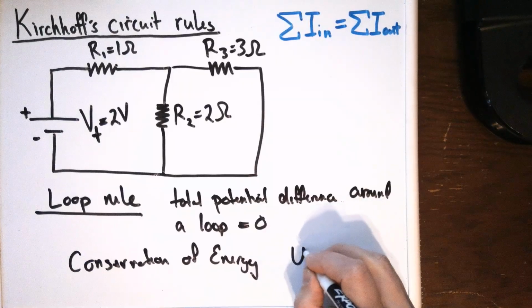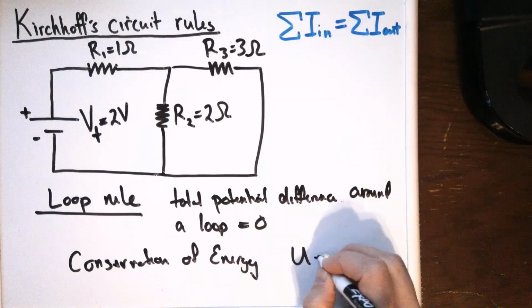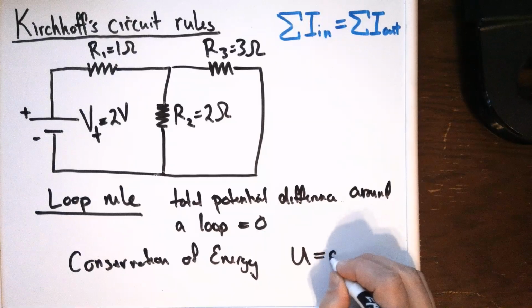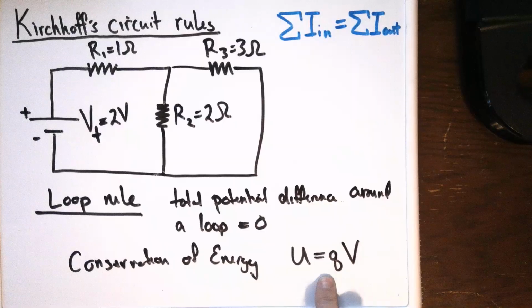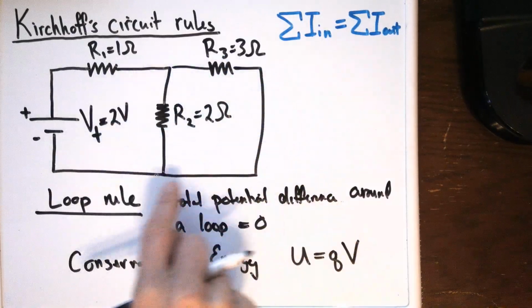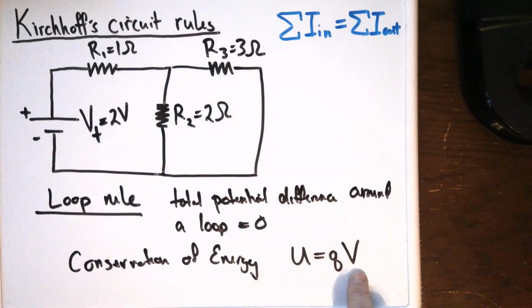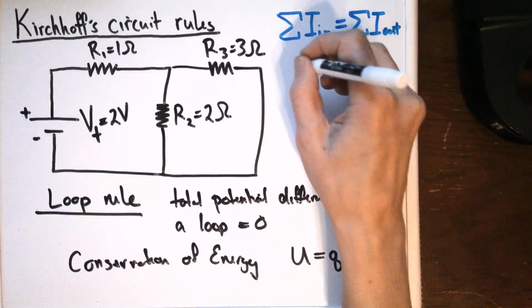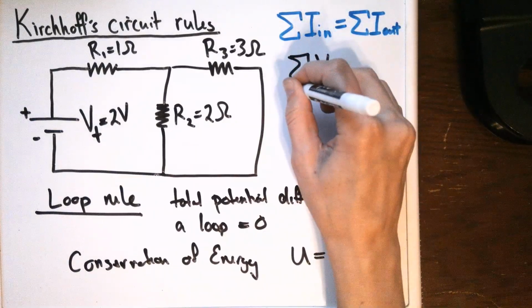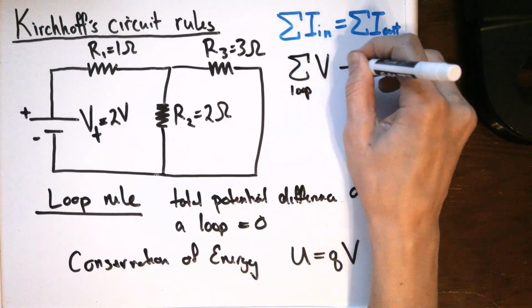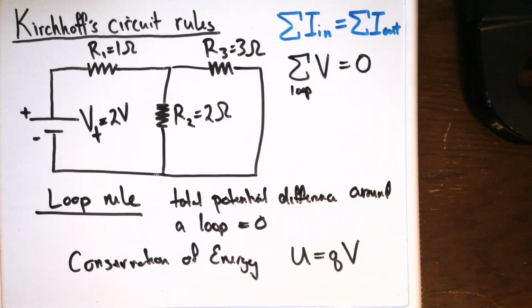And I'm just going to remind you, if you want to know the potential energy for electric potential, well, that's going to be the charge of the little free charges that are running around in the current, times the potential. So there's a really close connection between potential and energy. And we can write this a little more succinctly as if you add up all the voltages in your loop, they've got to add up to 0.